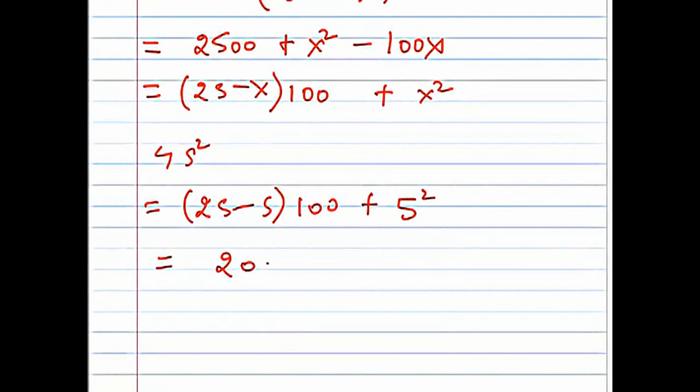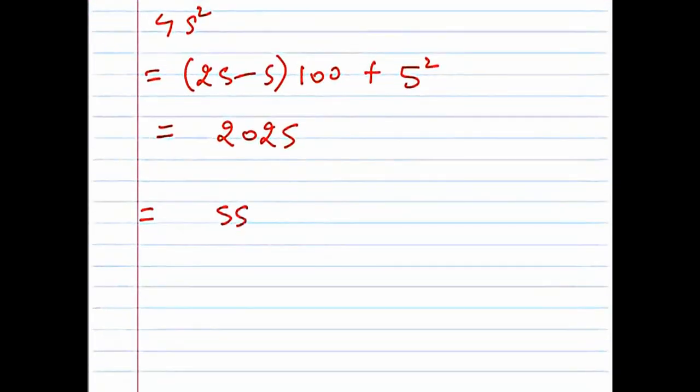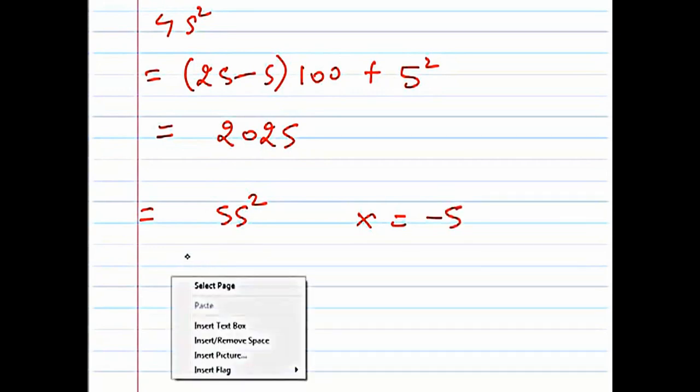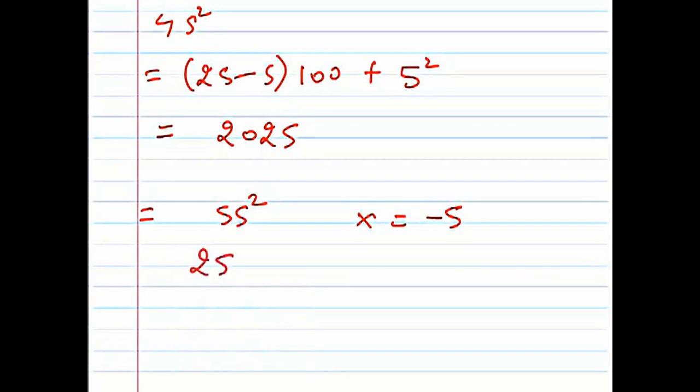This is equal to 2025. And if I have to do the 55 square, then I have to just write x is equal to minus 5, and then I can do 25 plus 5 into 100 plus 5 square.